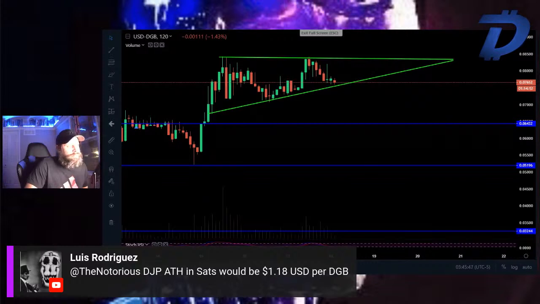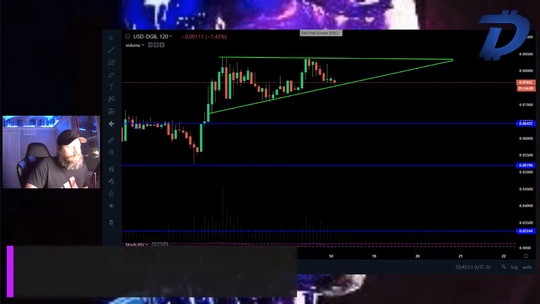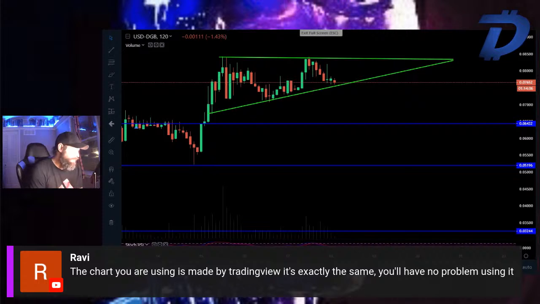Oh, right here. What is this? The chart you are using is made by TradingView. It's exactly the same. You'll have no problem using it. Oh, so Bittrex copied TradingView's UI. That's weird.